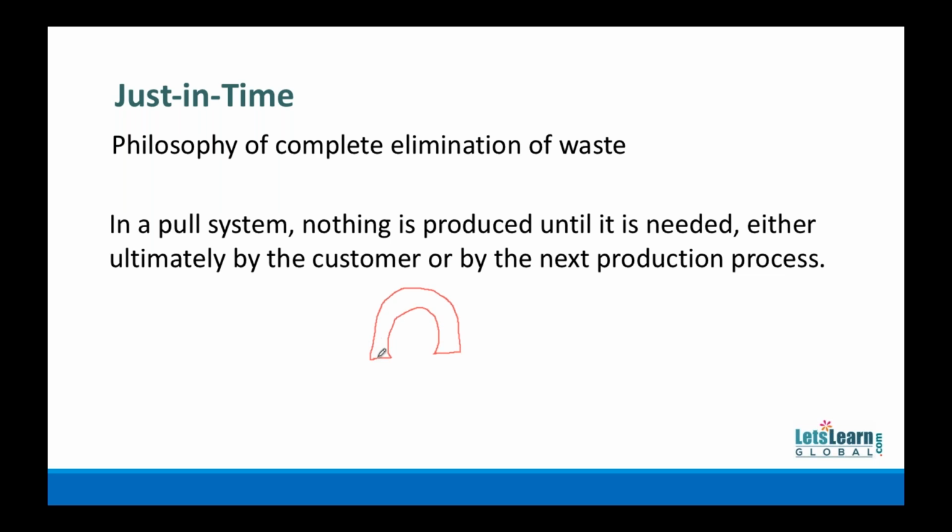And now let me show you again the physical arrangement. A cell, at each cell you will have one person engaged for these operations and to move the goods to the next stage after completing the operations. The workers under a JIT environment are fully educated, highly educated, heavily trained.